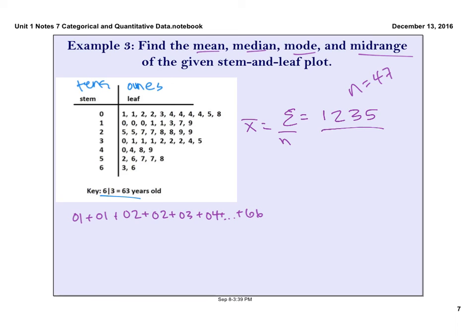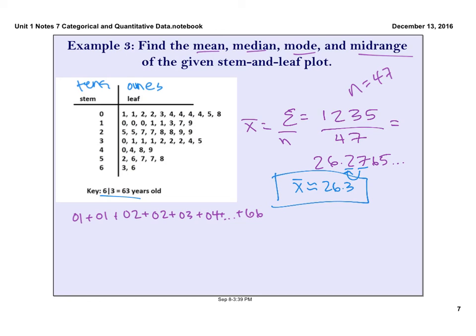So 1,235 divided by 47, and that gives me a mean of 26.2765, and so on. If I use my round off rule, all of my data is whole numbers here. So I'm going to round to the tenth place, which means I want to use the 7 to round up the 2. And that means my mean is going to be roughly 26.3.